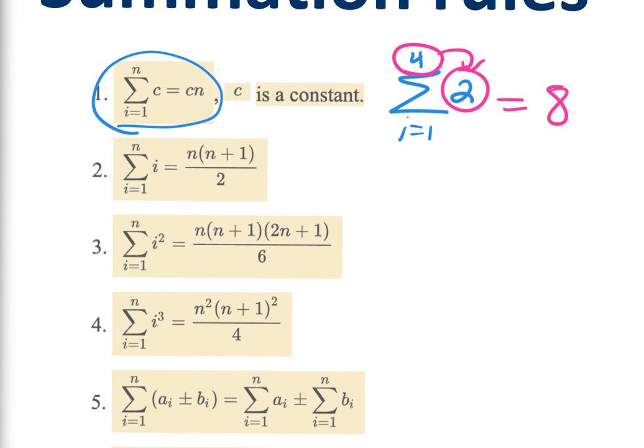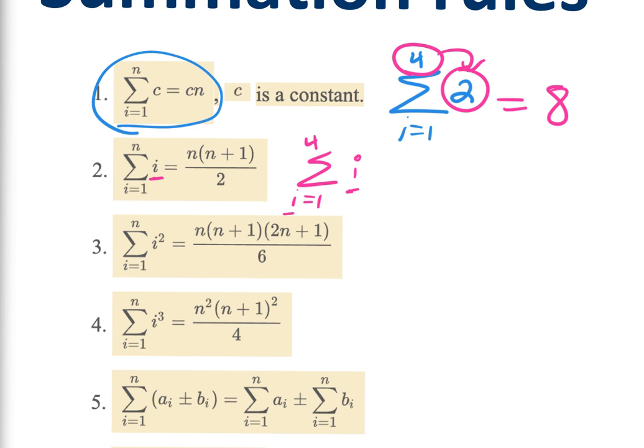Second one is just a variable. So if this looked like sigma i equals 1 to, let's say it said n. Actually it would say i, sorry, the variable would match. This variable and this variable will match. They can change, but they will match. So for this one, we do n times n plus 1 over 2.